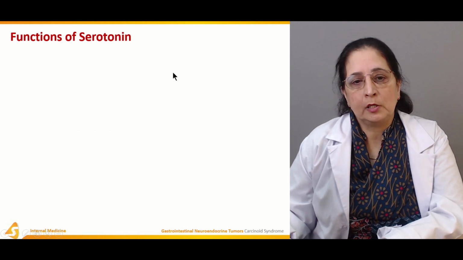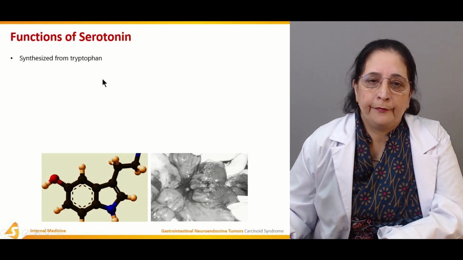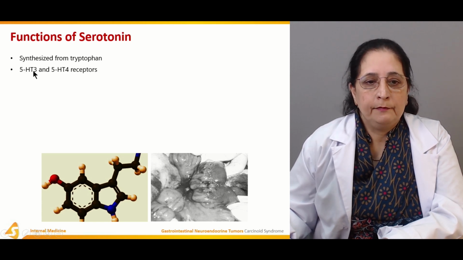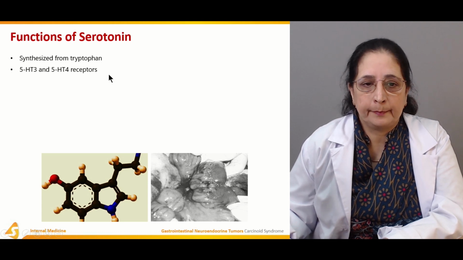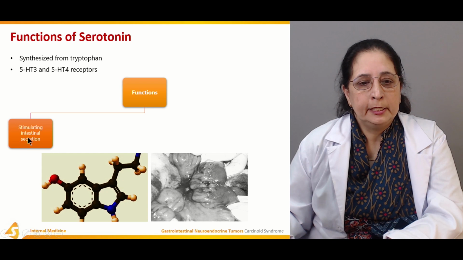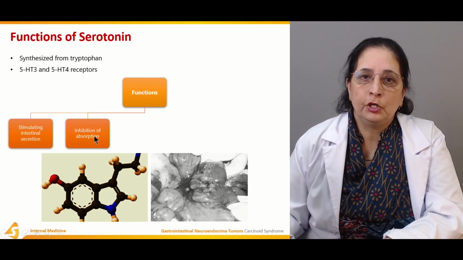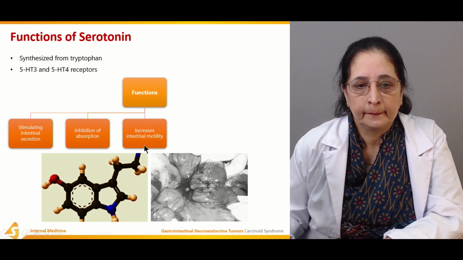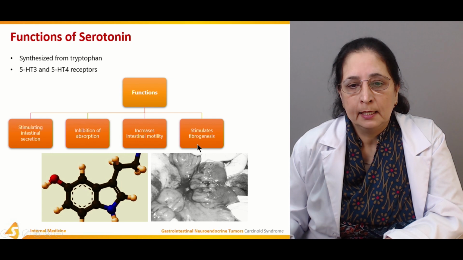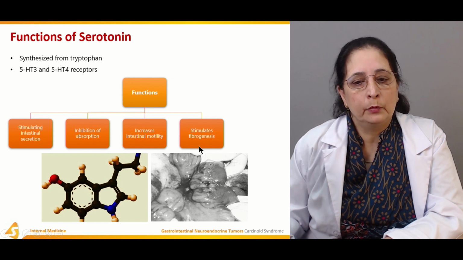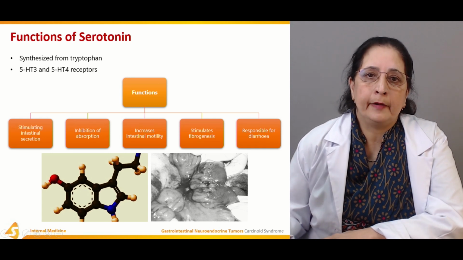Functions of serotonin: it is synthesized from tryptophan, 5-hydroxytryptophan, acting on 5-HT3 and 5-HT4 receptors. It stimulates intestinal secretions, inhibits absorption, increases intestinal motility, stimulates fibrogenesis, and is responsible for diarrhea.